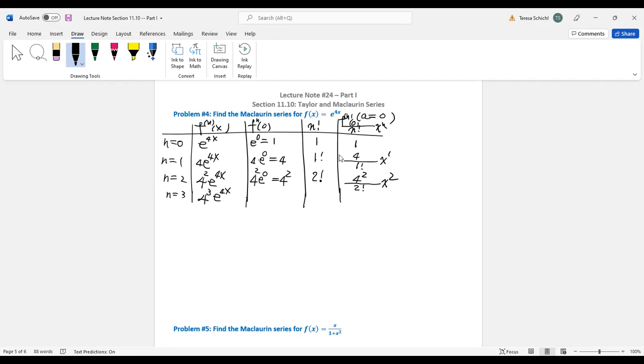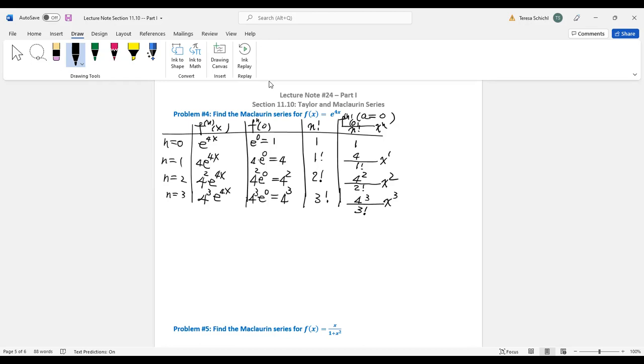Okay, so now for f to the n at 0, this is 4 cubed, e to the 0, so this is 4 cubed. Then what is n factorial here? This will be 3 factorial. Well, pretty good. It seems to match my pattern here. So this will be 3 factorial, 4 cubed, x cubed.